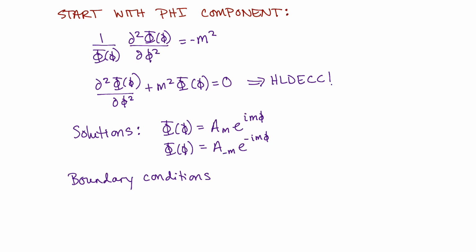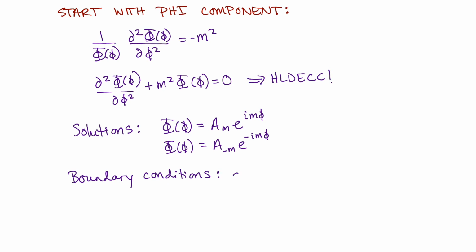So what we want is to have a nice continuous single-valued situation for a function. So that tells us that our phi of phi must equal our phi at phi plus 2 pi.